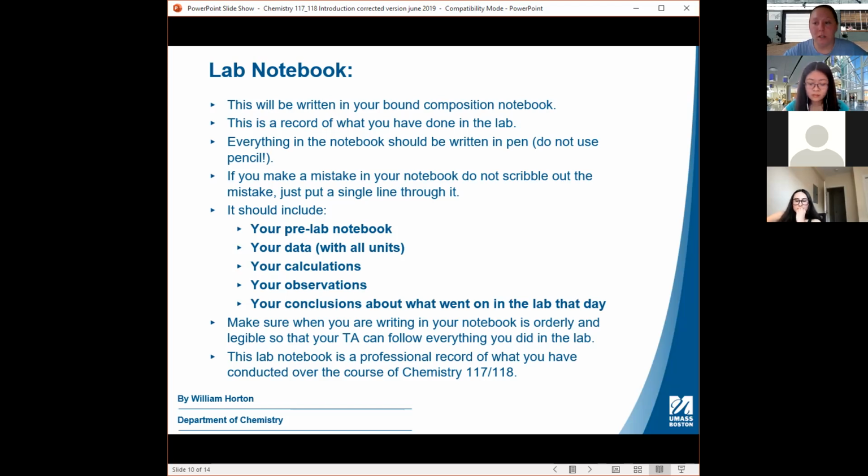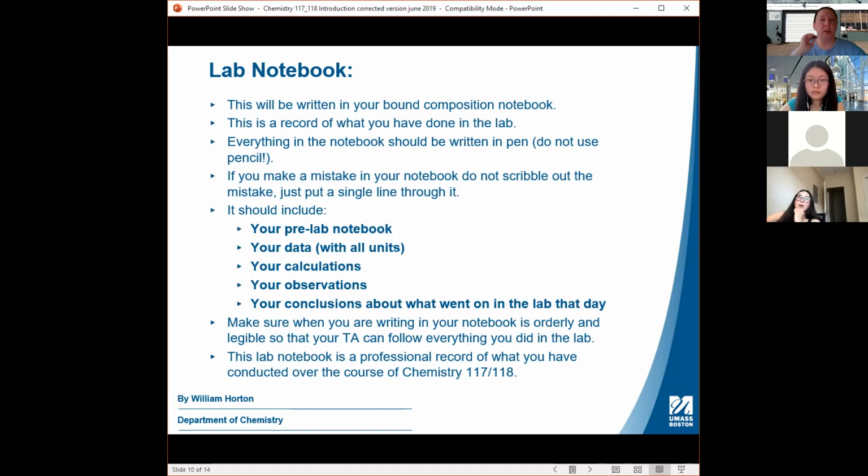This is why you want to keep everything in one place, even if it is on the computer, because you will need to show that you have a dedicated lab notebook at the end of the semester and that you were working in it.